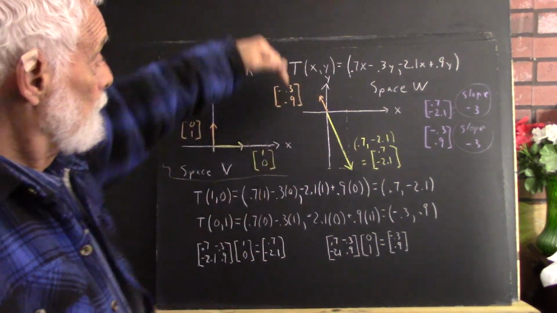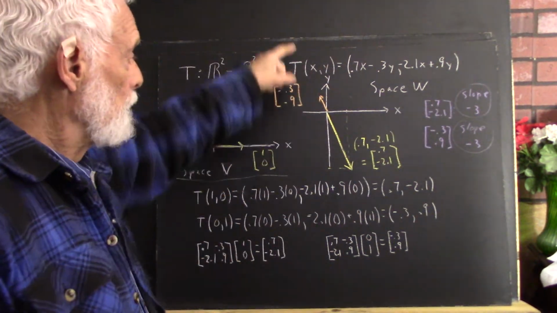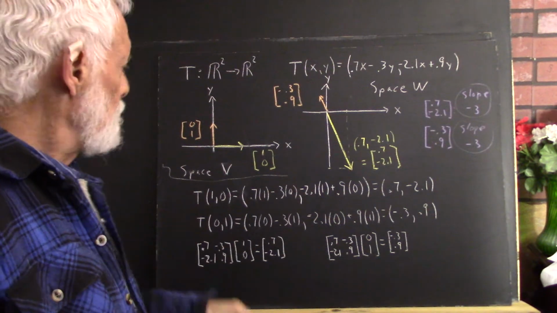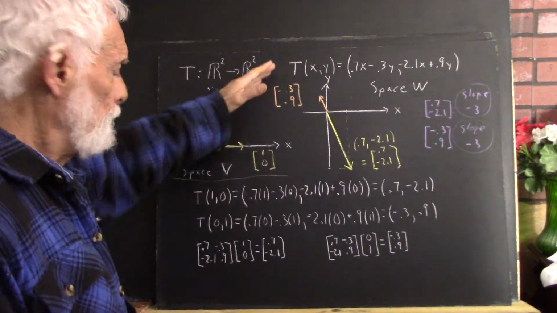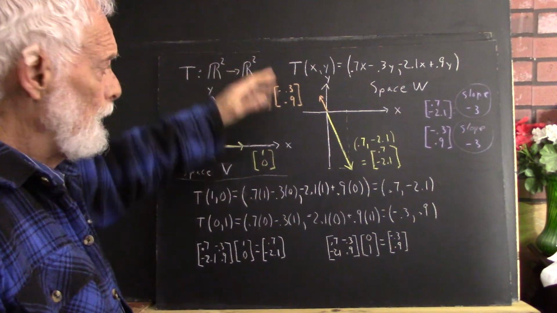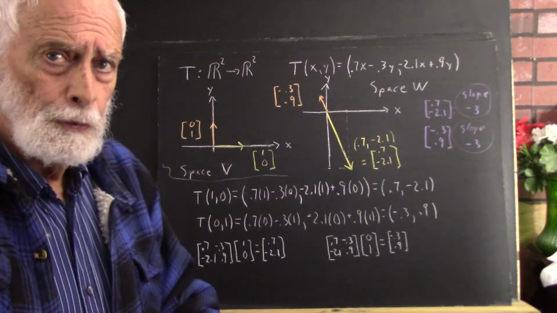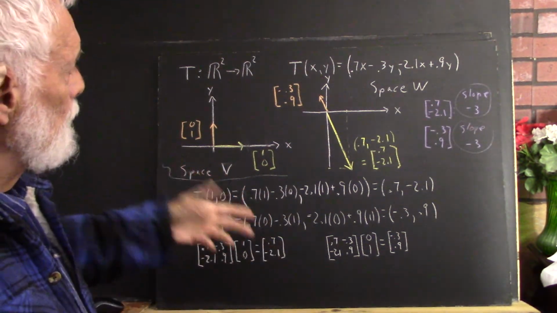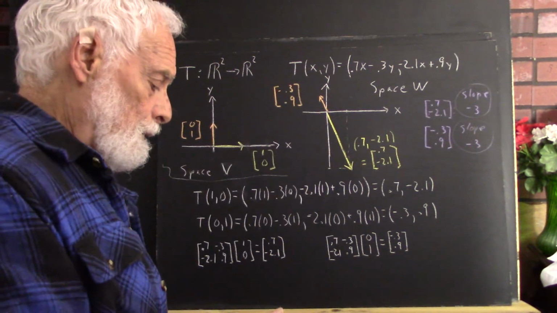So every linear combination of the two transformed vectors is along this line, which means that the image of every vector in R2 here has to lie along this line, meaning that we've collapsed R2 onto a straight line within R2.